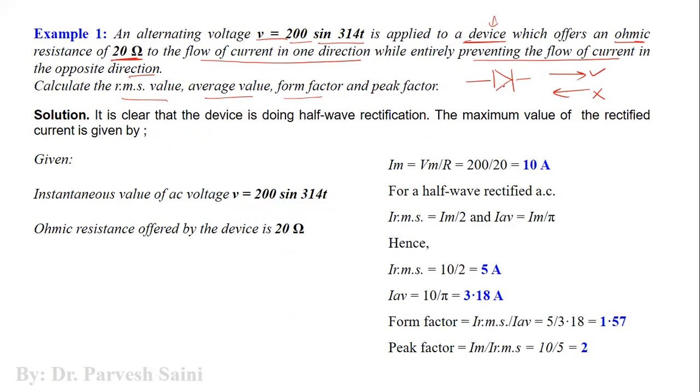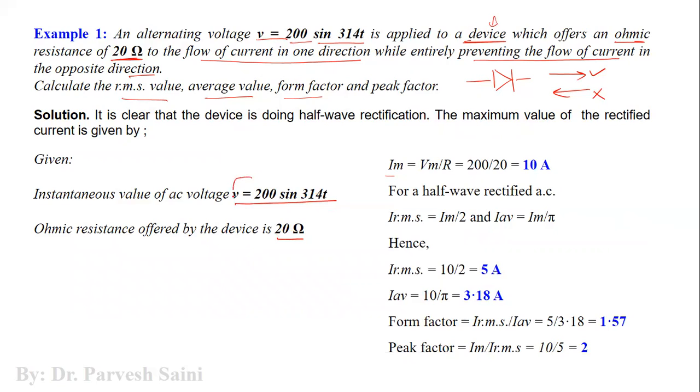Now, from the statement, it is observed that it is a kind of half-wave rectification, right? The components given here are the instantaneous value of the voltage and the resistance offered by the device to the current. So the peak value can be calculated.